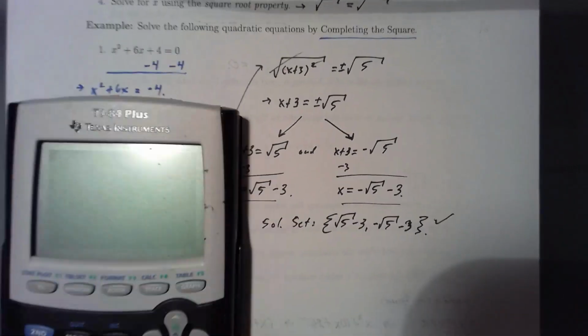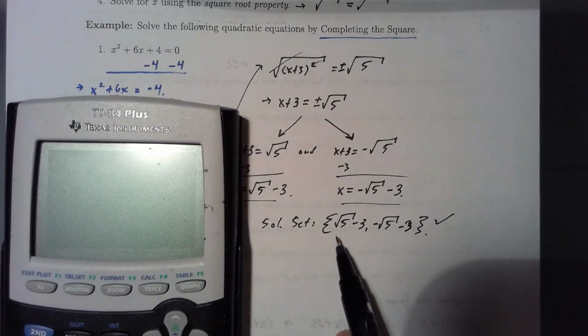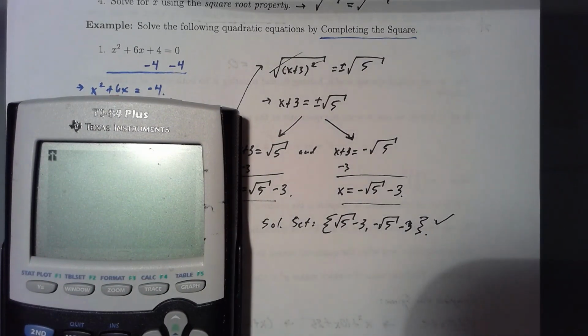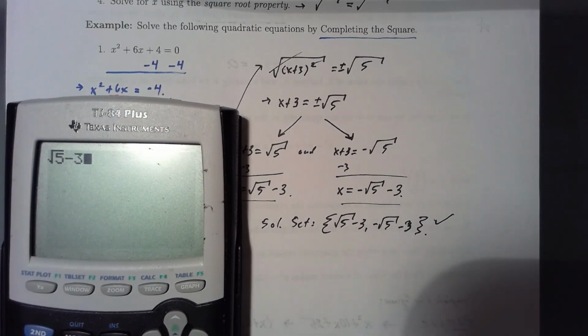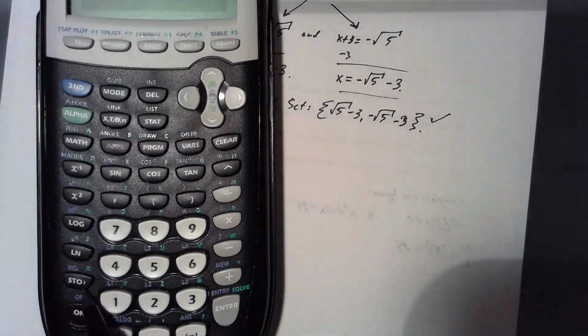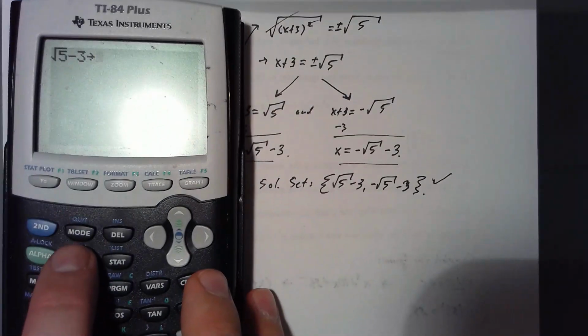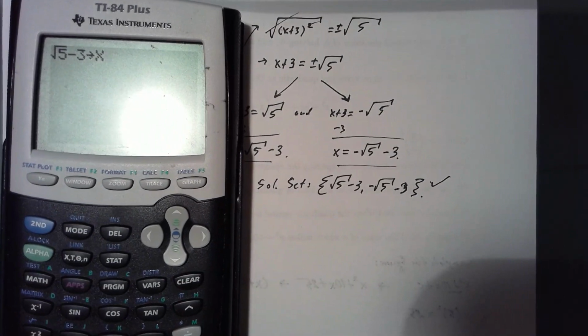Just a refresher. How do you check this in your calculator? Store these values in for x. So let me do this one. Root 5, go outside the root, minus 3, because that minus 3 is outside the root. It's not under it. Store. Remember, the store button's right above the on button. Into the variable button. X is right here, underneath mode. Hit enter.